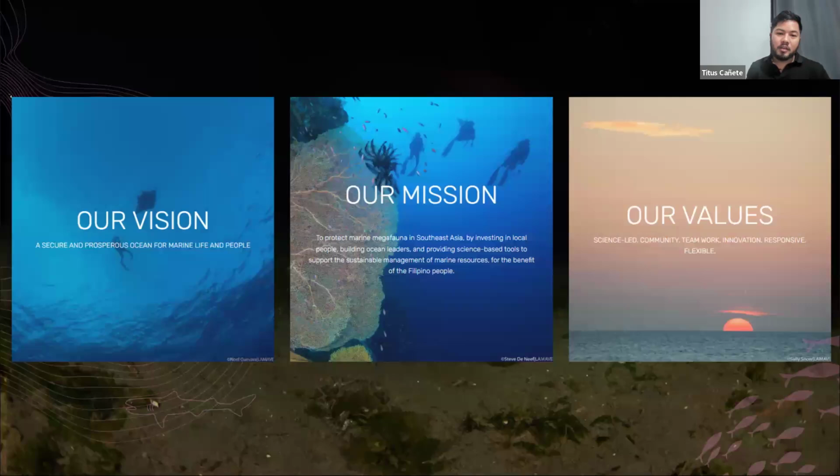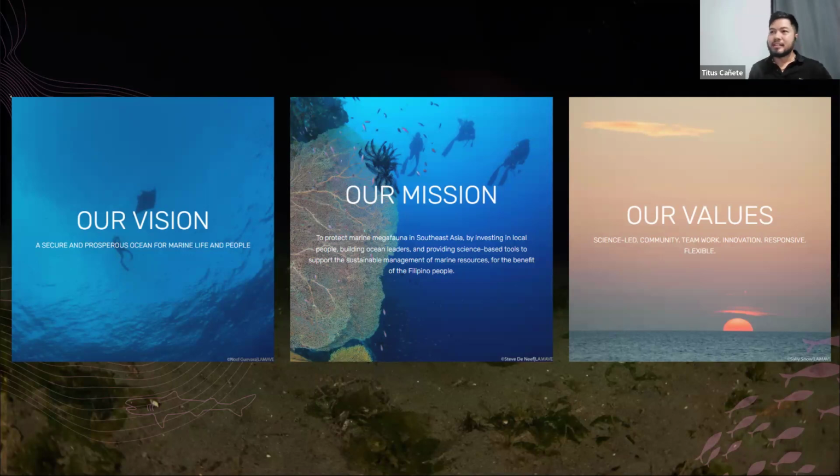We do this by investing in local people, building ocean leaders. We want to provide science-based tools, which can include technology, to support the sustainable management of the marine resources that we have here in the Philippines. And hopefully it's something that can inspire even other countries to participate through access to these tools.